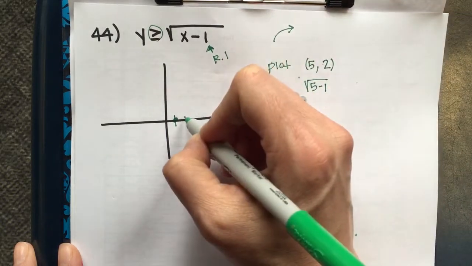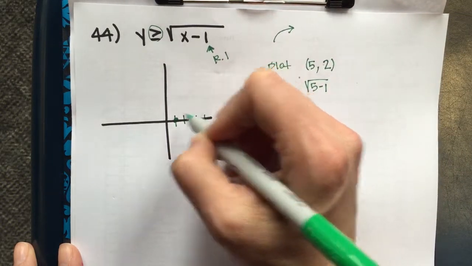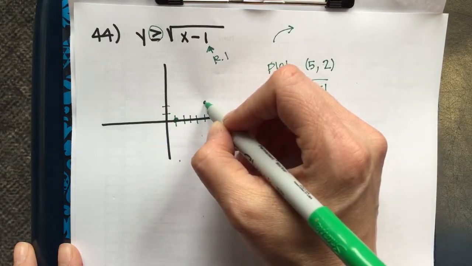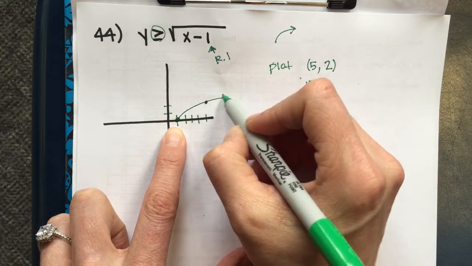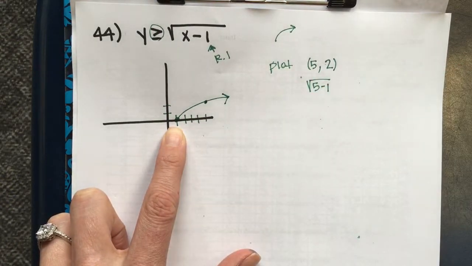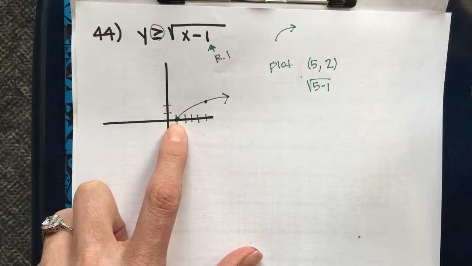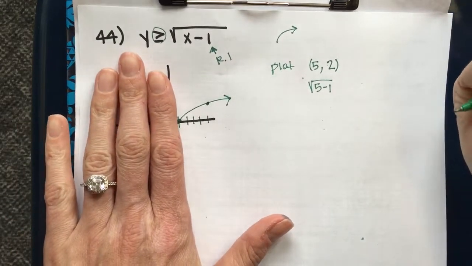So I plot the point 5, 2. It starts here, that's my starting point, and it goes up through that point. So remember, when we shade, don't go past the starting point. So it's going to be cut off right here.